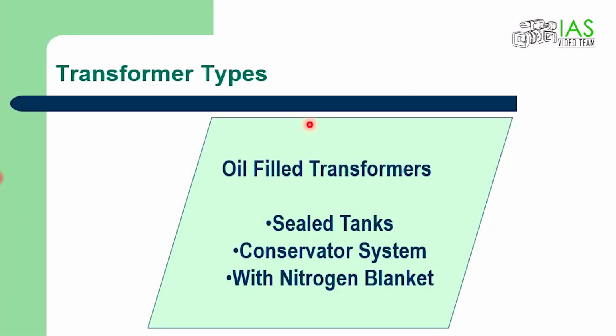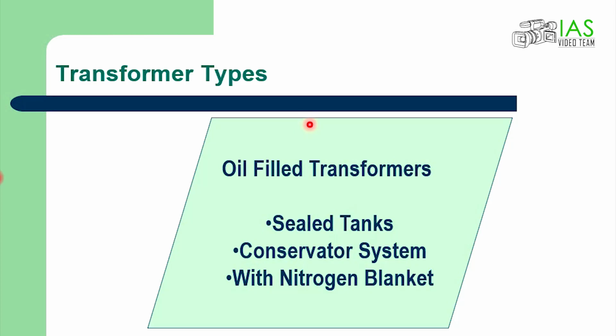So oil-filled transformers have sealed tanks and conservator systems. Now, some are with sealed tanks without conservator, some are with conservator, and those are not sealed. Then you have to have a silica gel breather.